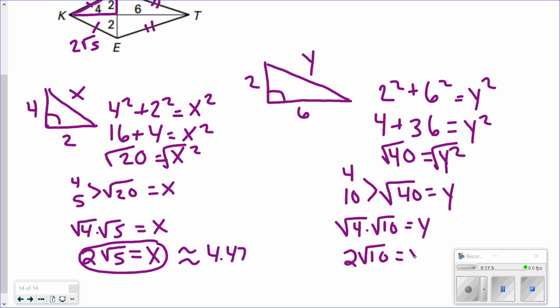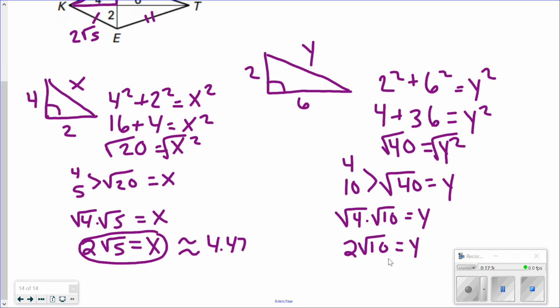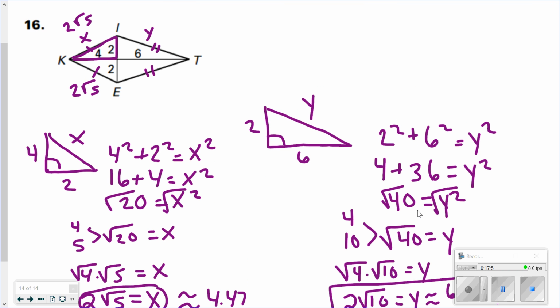That's equal to y. And if I wanted to write the square root of 10 as a decimal, I know that is approximately 6.32. So now if we scroll back up, I know that this side length is 2 square root of 10, and this side length is 2 square root of 10.